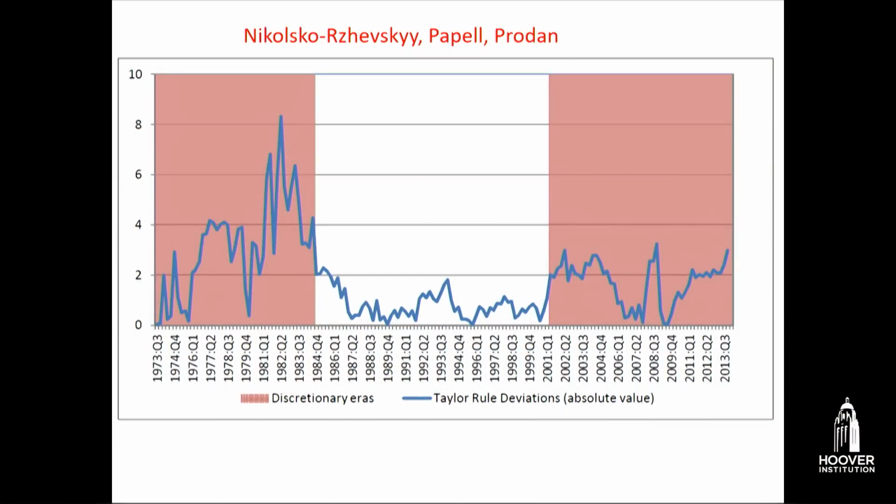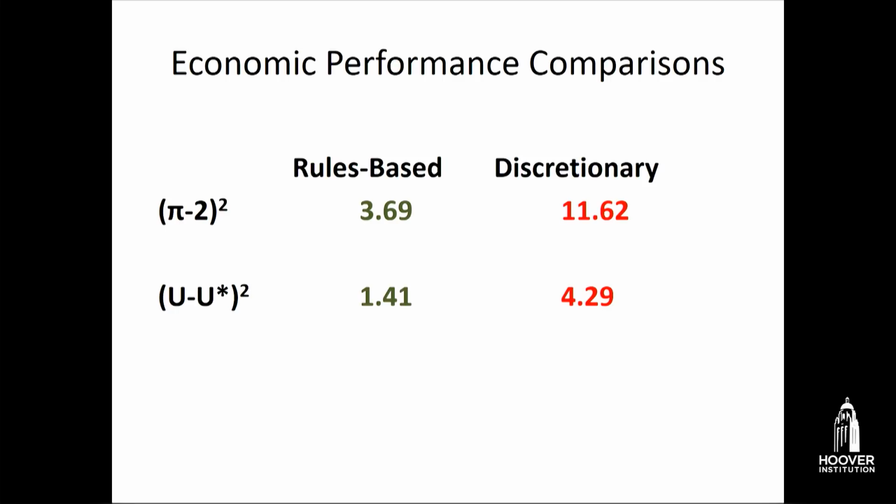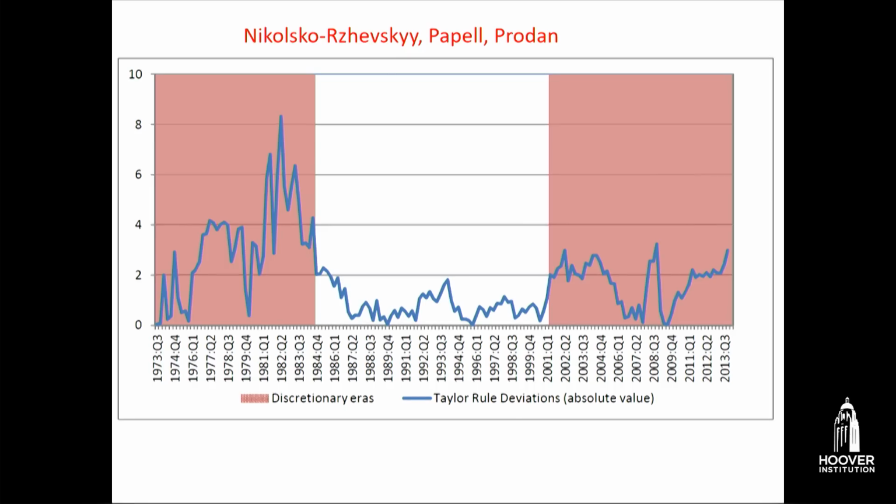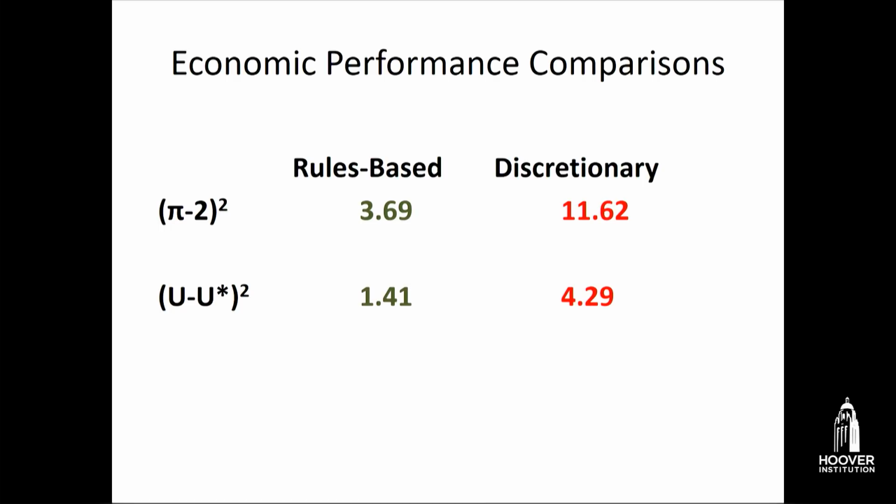And then given that, they look at the performance of the economy. So again, the discretionary is the pink, rule-based is white, and this is the results. So the term in the first row is the deviations of inflation from 2 squared, rules-based much lower than discretionary.